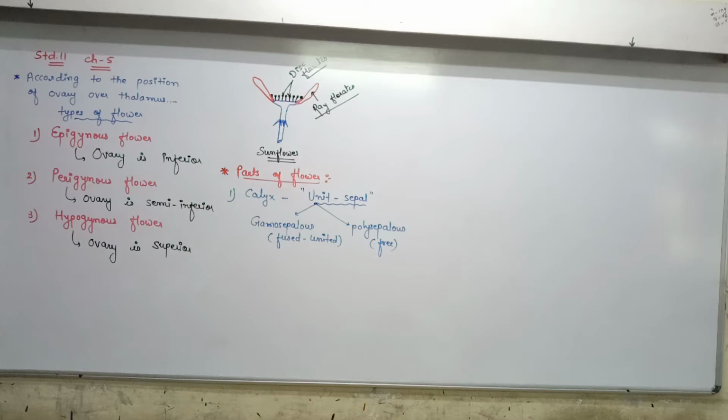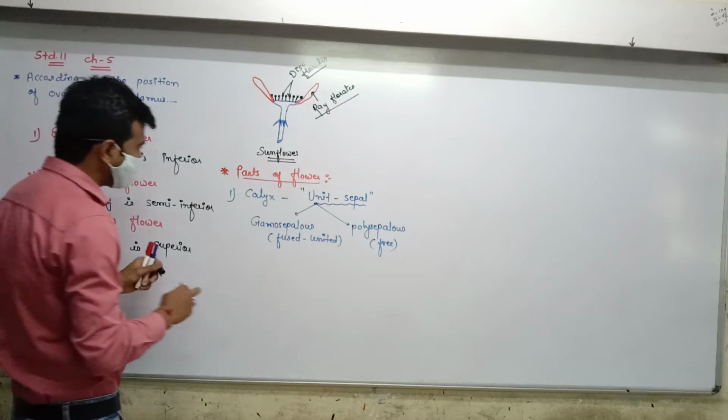There are so many symbols used to express the family and its vegetative character or floral character. Okay, this is very important. So if you know this, then that topic is very easy for you. Okay, so this is about calyx.